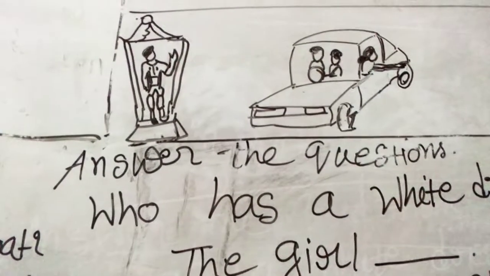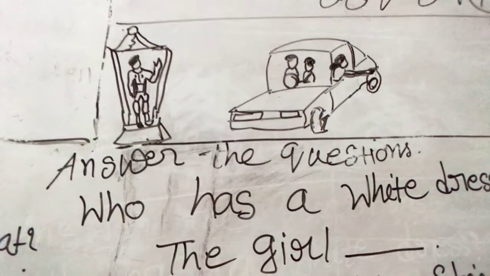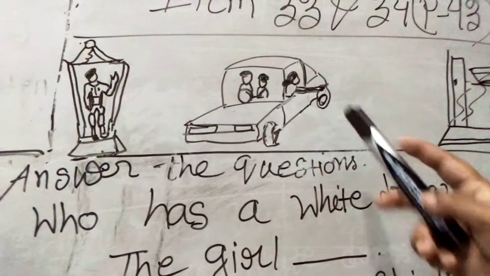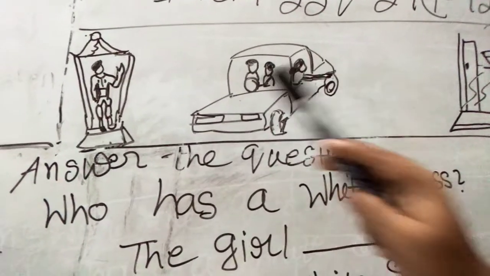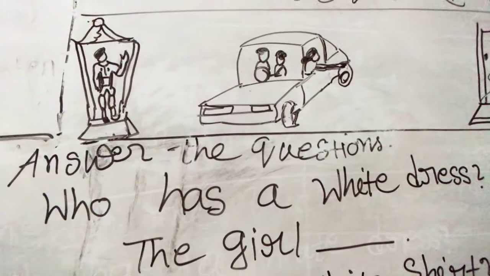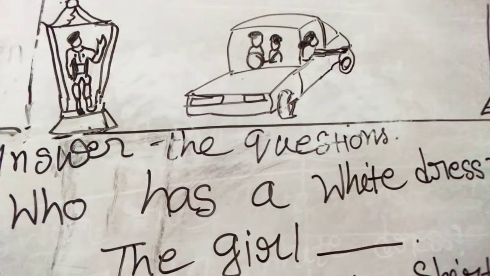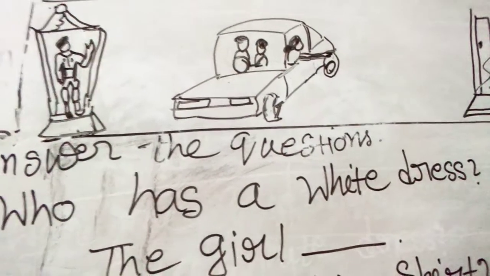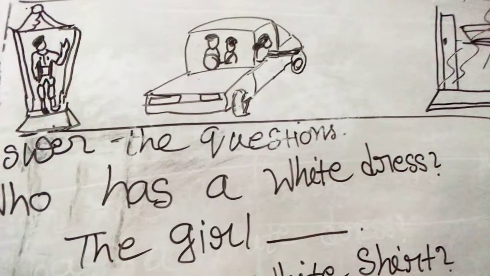Then beside this picture you will have a picture of a car. In this car there are 3 people. In front of the car there are 2 persons, and they are men. And it is a girl or a... actually, she was not a girl, it's a boy.